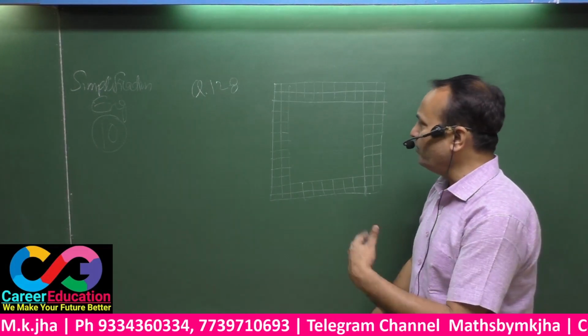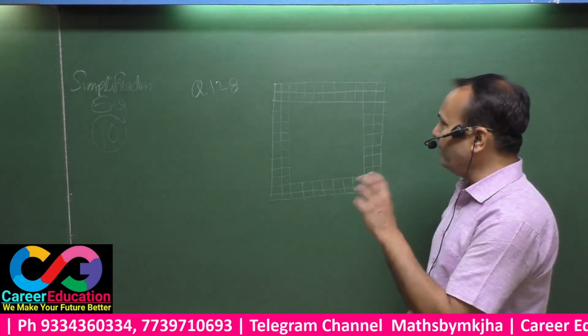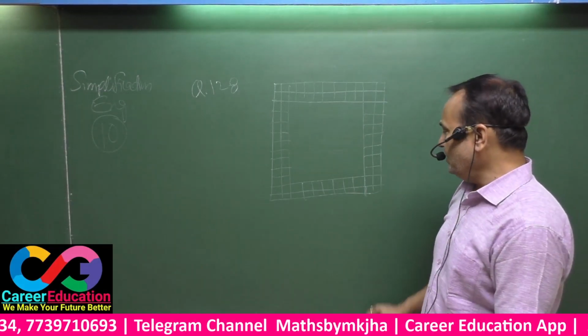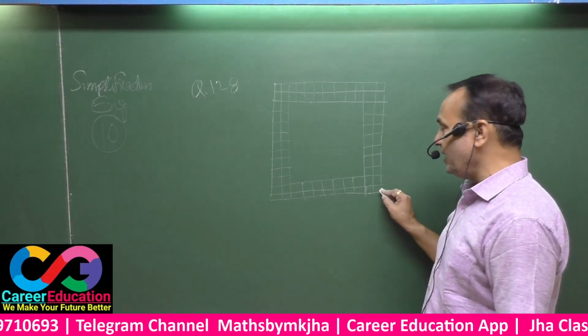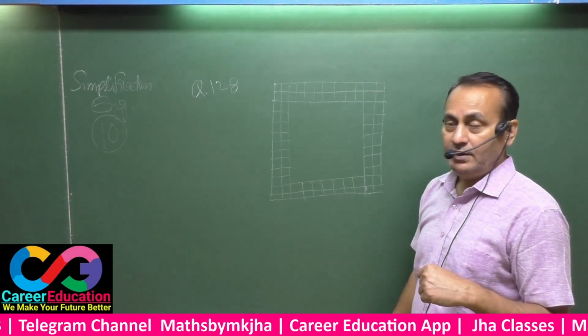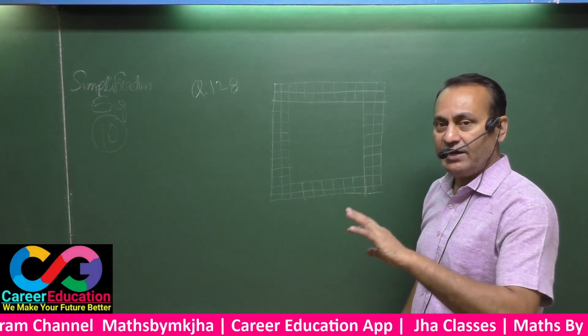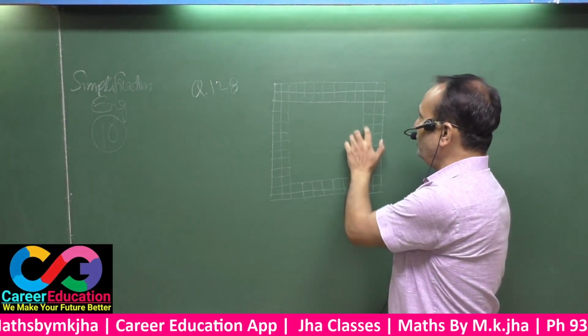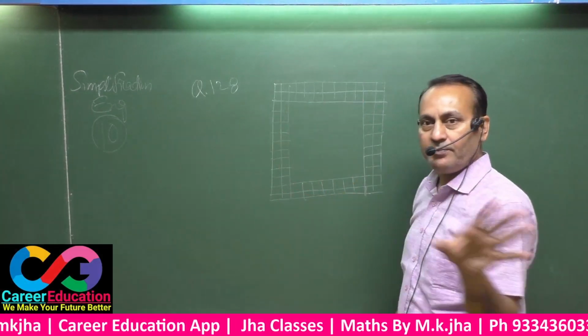Just to make you understand, I have made one figure just like that situation. In a complete row there are 18 persons, and from depth every side there are 3 persons. 1, 2, 3 everywhere.